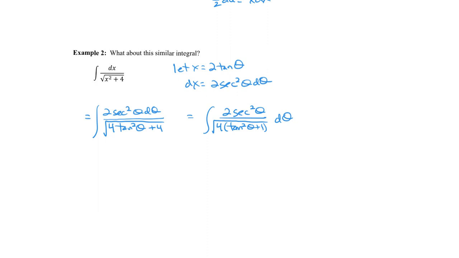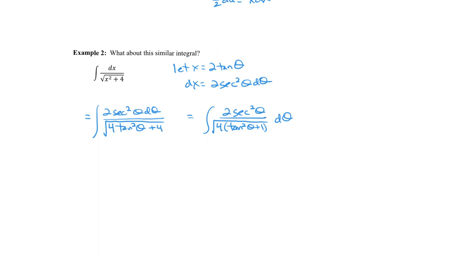Well, actually, let's just notice this. What's tangent squared theta plus 1? Well, tangent squared theta plus 1, that's a Pythagorean identity. Isn't that just secant squared? Right, tangent squared theta plus 1 is secant squared.